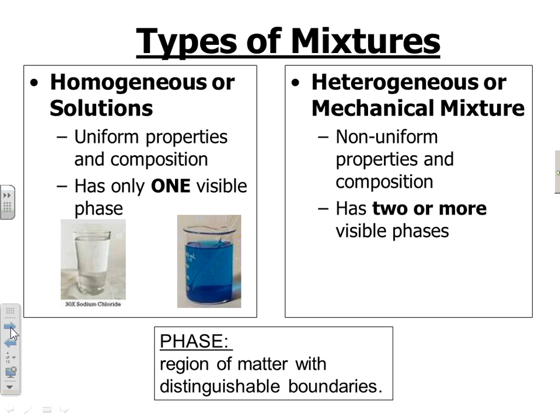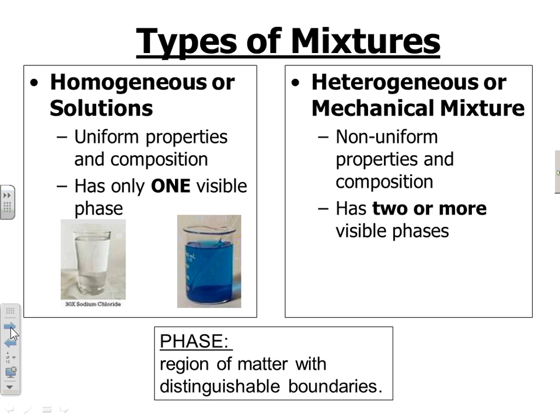But let's say that you mixed it up and you've got some bubbles in the water, but you can see that line where the water is sitting down there. If it's salad dressing, it's likely vinegar, and the oil is sitting there, all right? Now, this idea of what we call a phase, a distinguishable boundary, there is always going to be that line in between the water and the oil.